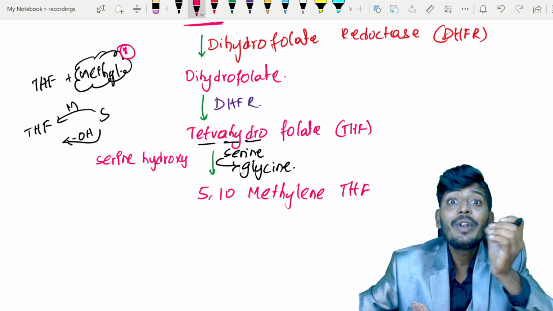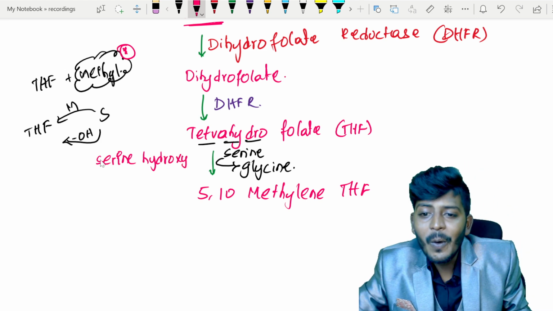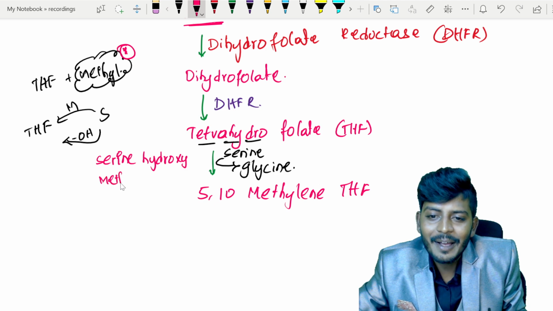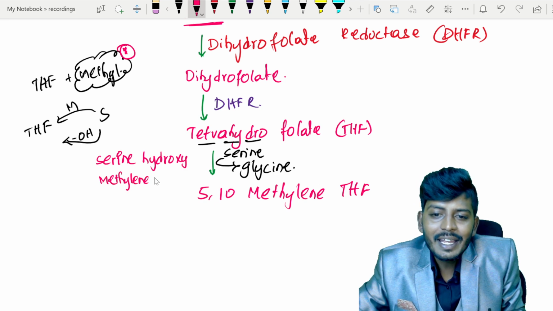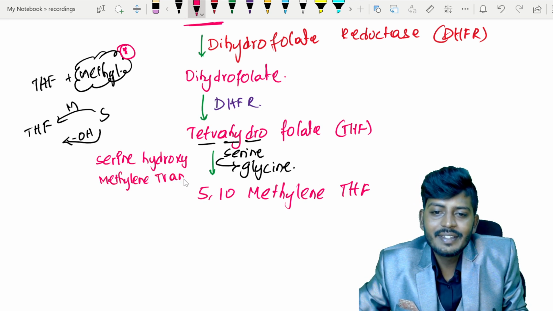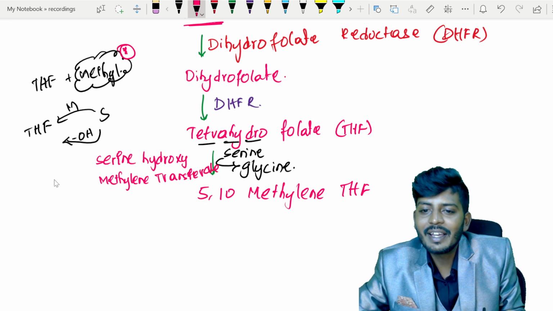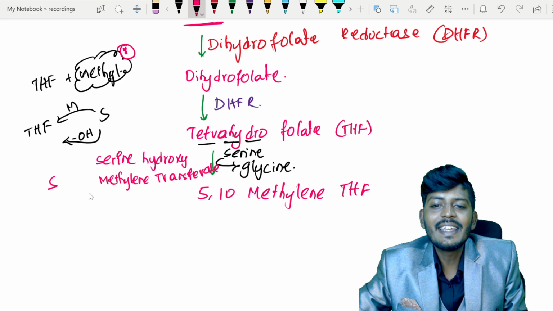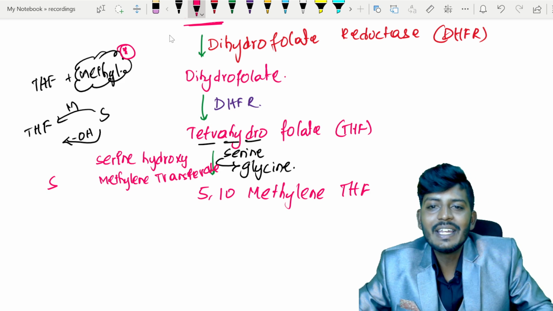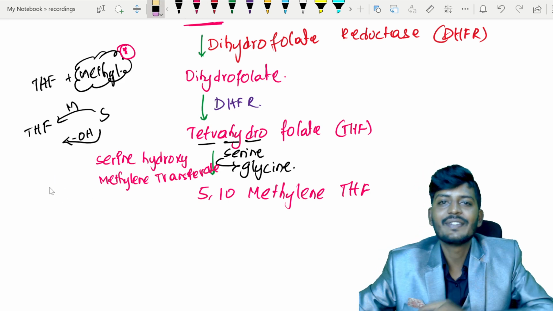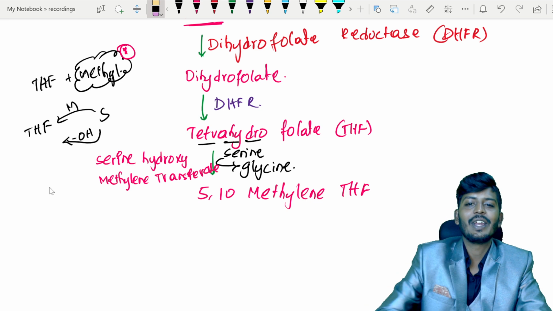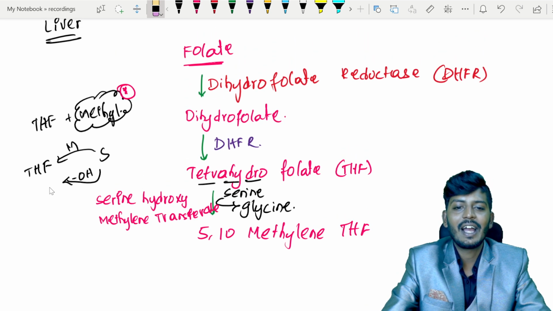Of course, one more group, yes, the methyl group. So methylene transferase. What is the name of the enzyme? It is called serine hydroxymethyl transferase, which will convert tetrahydrofolate into methylene tetrahydrofolate.